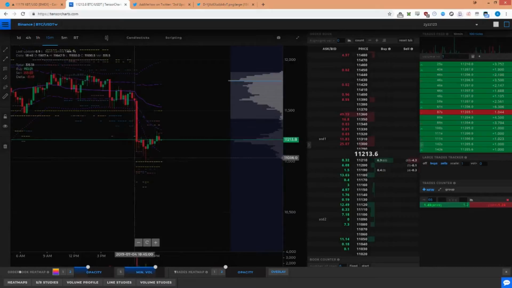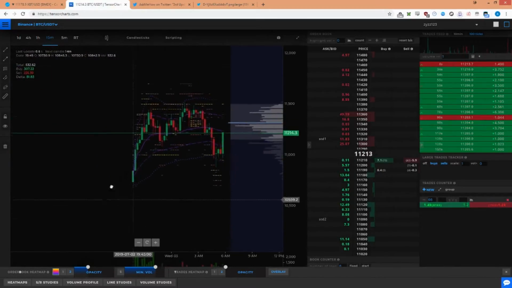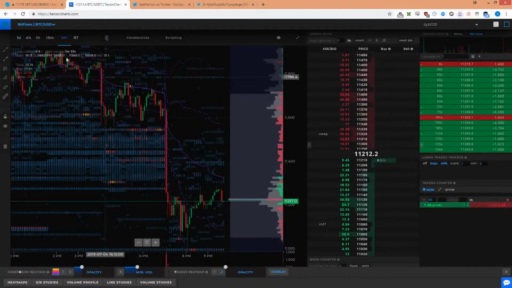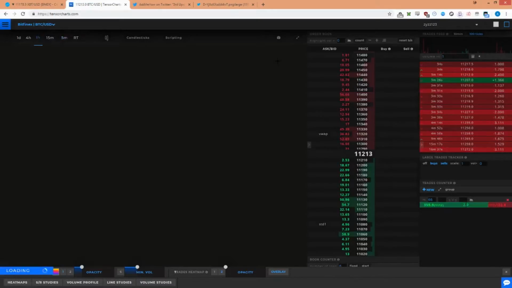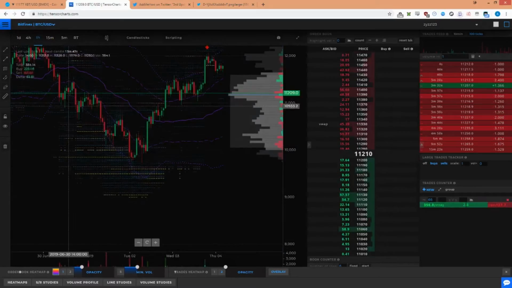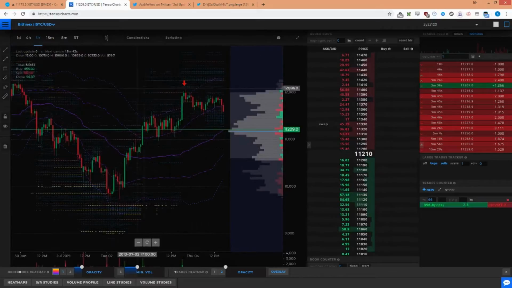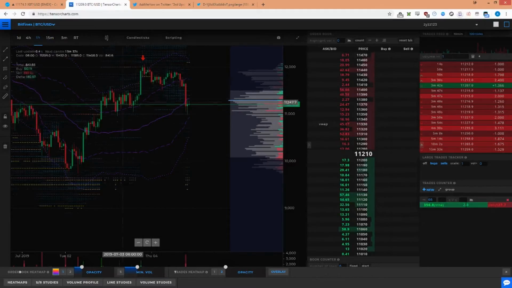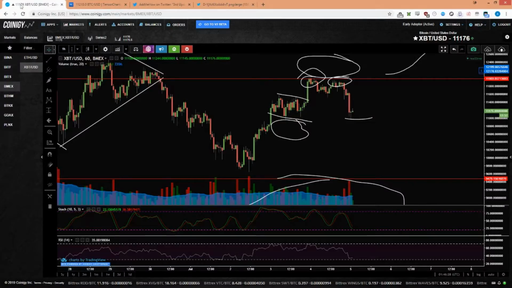In the current zone, I don't have anything I can read from the tensor chart, but if you do see this kind of stuff on there, then that means there's buying pressure, or selling pressure if it's on the top, and then you can get a reversal. It's not 100%, but it has definitely been helping my analysis.